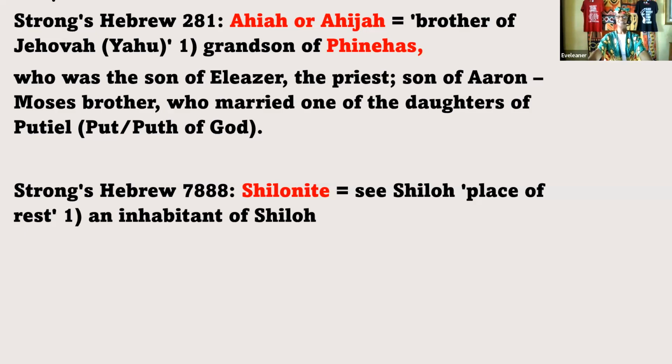Phinehas was the son of Eleazar, the priest. He was also the son of Aaron, and that's who Eleazar was. Moses' brother, who married one of the daughters of Putiel, who was put of God. El means God. So he was a Pushite of God, but he still was a godly man.